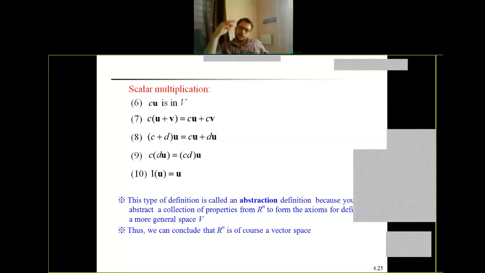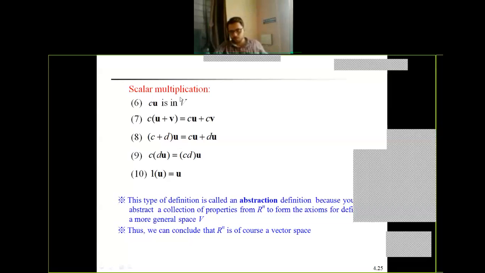First most important is u plus v should be in V. Second is u plus 0 is equal to u, and the third most is cu is in V. If you multiply the element u in set V by any scalar c, then the result should exist in capital V, that is, the vector space V.